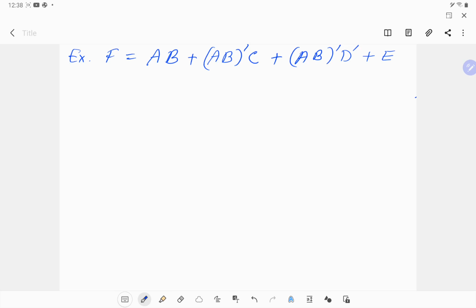So how many OR operations do we have? 1, 2, 3. 3 OR operations we have.